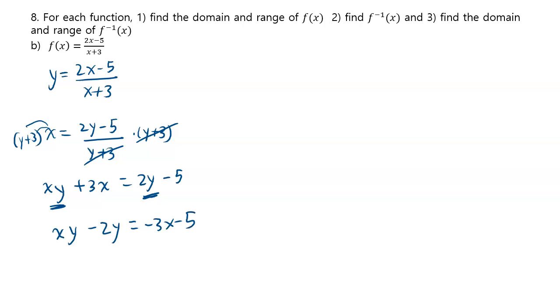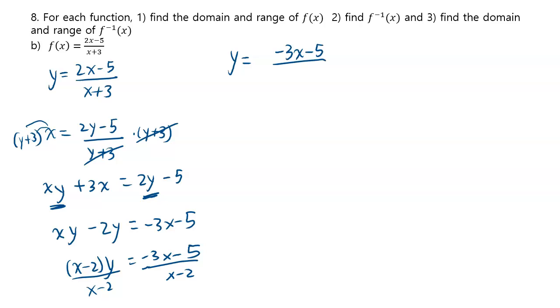And once you have brought the y's close together, you can factor that y out, which leaves you with x minus 2 times y. And we're almost there, because in order to get rid of x minus 2, you can just divide both sides by x minus 2. And therefore, y is equal to negative 3x minus 5 over x minus 2.